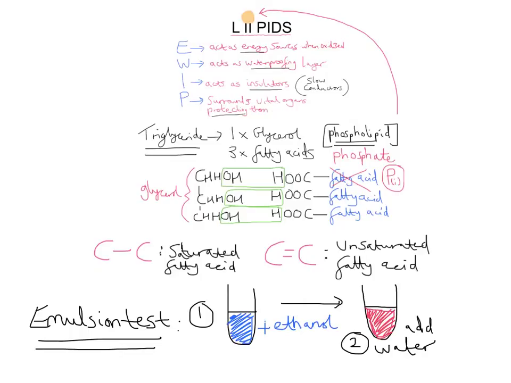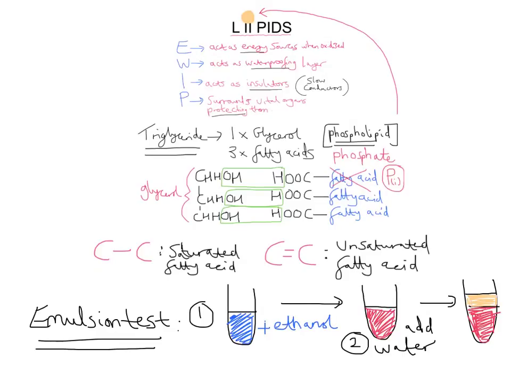The more lipid there is, the more noticeable the milky colour. So when we first put it in ethanol and then add water to it, you'll see a milky emulsion forming if there is lipid present, because lipid doesn't dissolve in water. On the surface you'd see this milky emulsion forming, and that ultimately is the emulsion test.